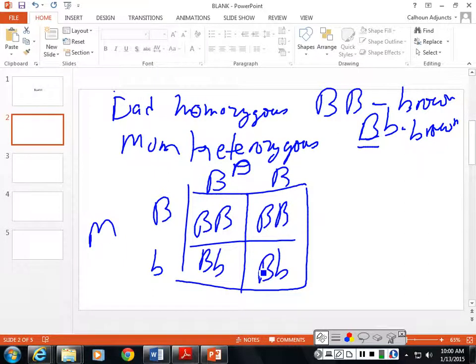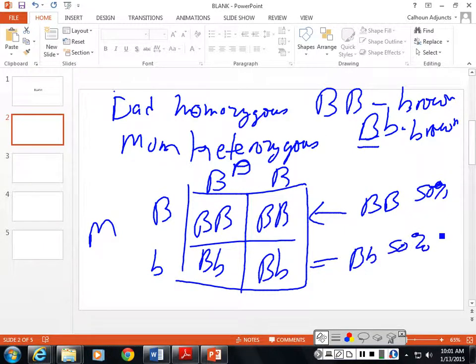So we have a chance of 2 of our kids, 50% of our kids, being homozygous, BB, so 50% having the genotype BB. We have a 50% chance of our children having the genotype big B, little b.